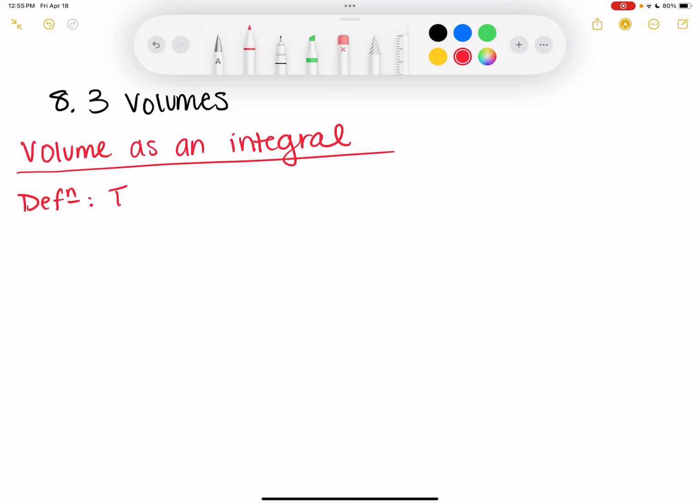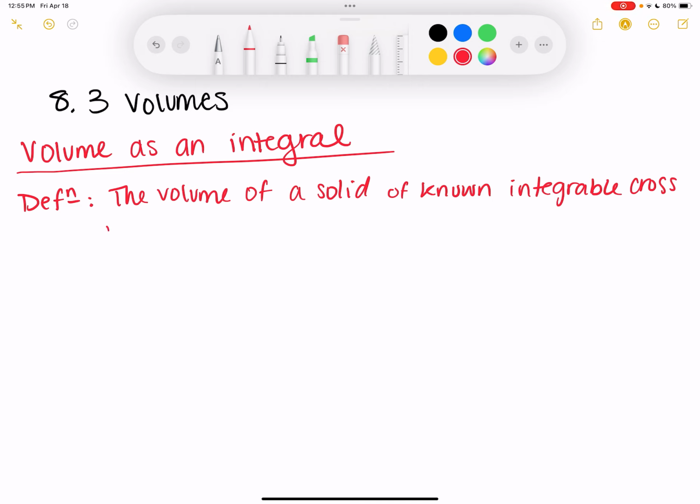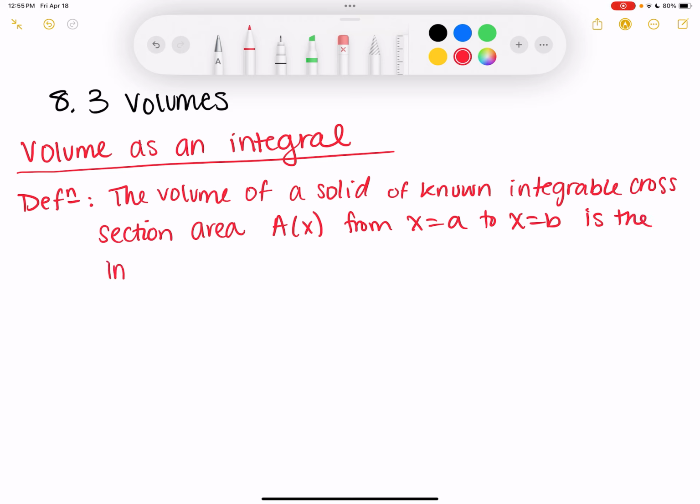All right, the volume of a solid of known integrable cross-section area A of x from x equals a to x equals b is the integral of A from a to b.